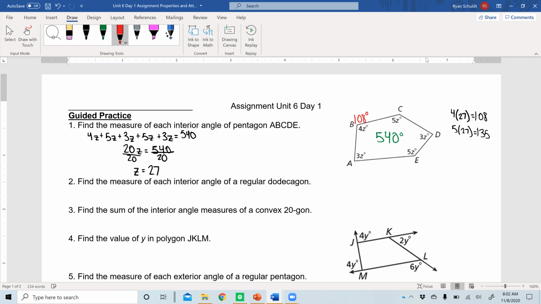So that means this angle right here at C is 135 degrees. But which one's also 135? E gives me 135 degrees too.